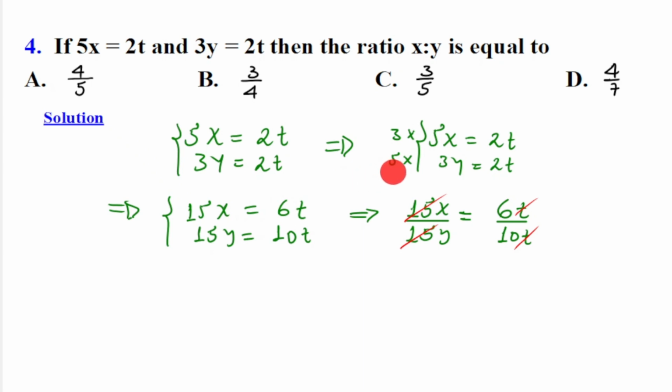The second row is 5 times 3, 15y equals 5 times 2, 10t. Divide the first row by the second row. When we divide 15x by 15y, the 15 cancels out. We get x over y. And when we simplify 6 by 2, we get 3, and 10 by 2, we get 5. So the ratio x to y is 3/5. So the answer is C.